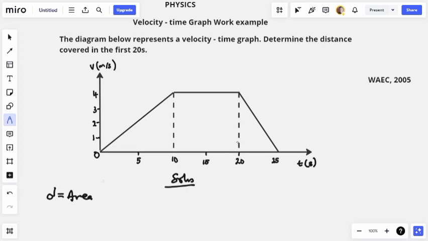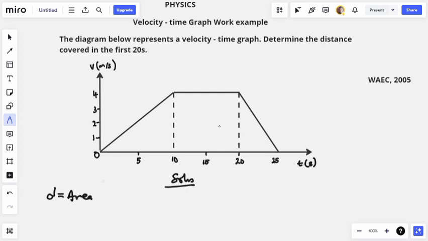So between 0 to 20 seconds, what kind of shape do you have here? Of course, it is a trapezium. Why do I call it a trapezium? It has two parallel sides, top here and below, and two non-parallel sides also.